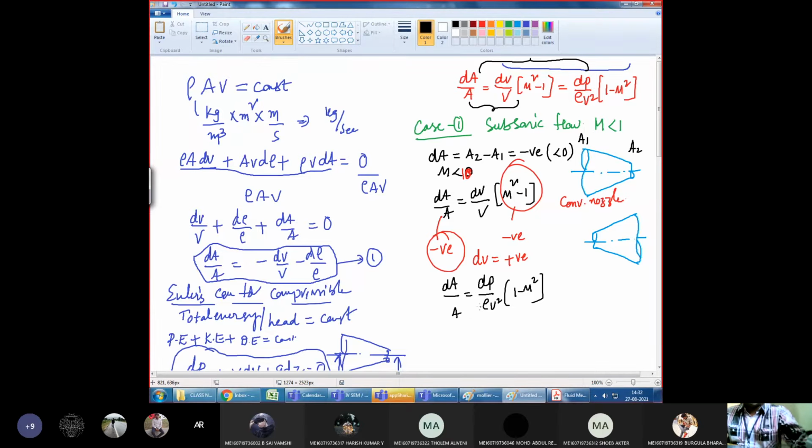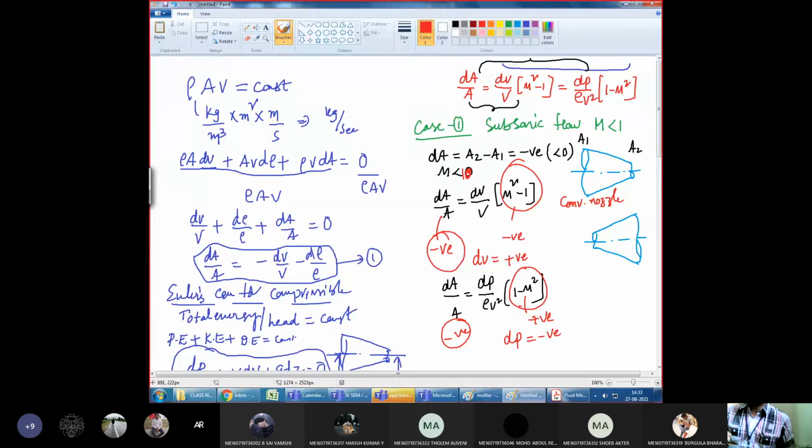Now dA is negative because area is decreasing, and M is less than 1. When M is less than 1, will this value be positive or negative? Positive. Therefore, this is negative, this is positive, then dP will be negative. Agree?